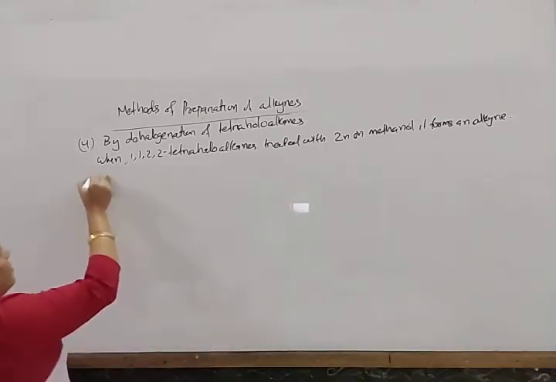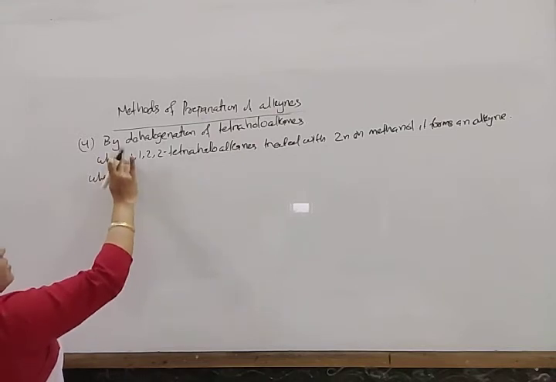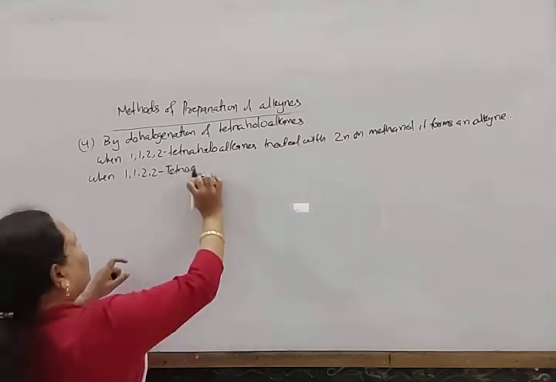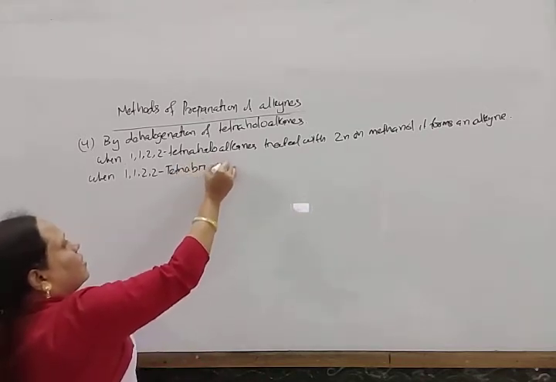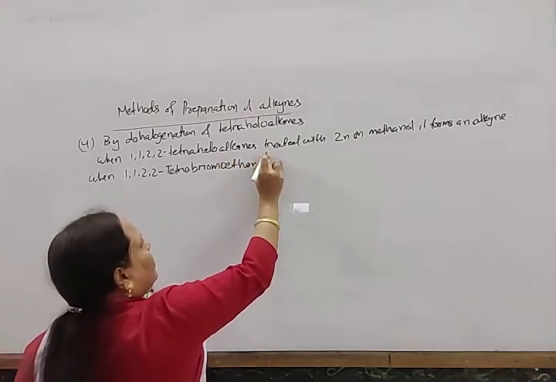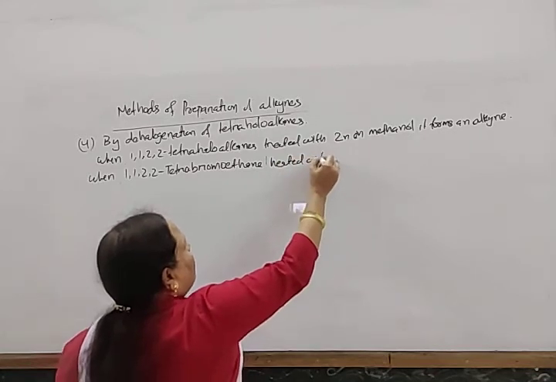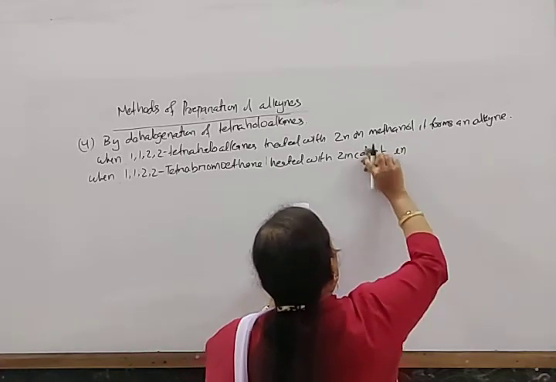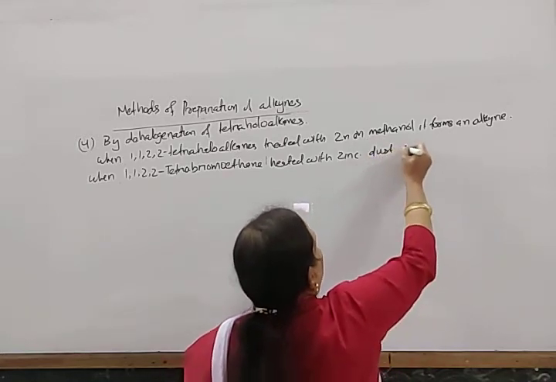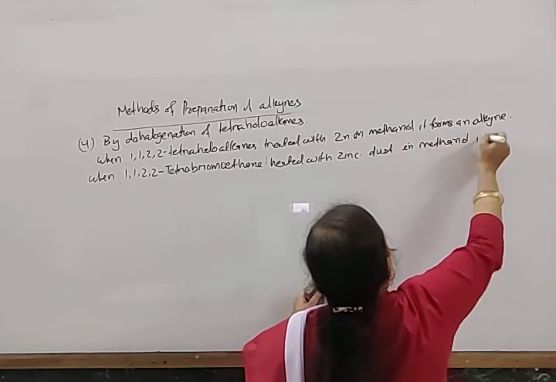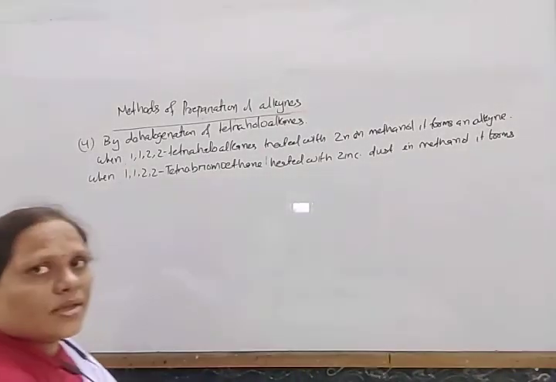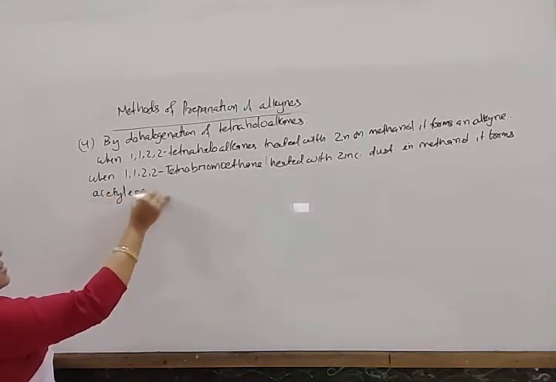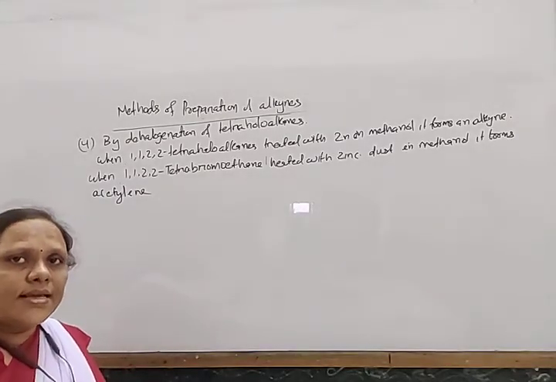For example, when 1,1,2,2-tetrabromoethane is heated with zinc in methanol, it forms acetylene, or we can say ethyne.